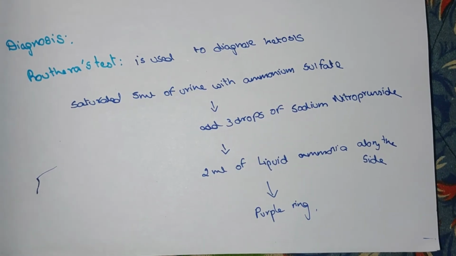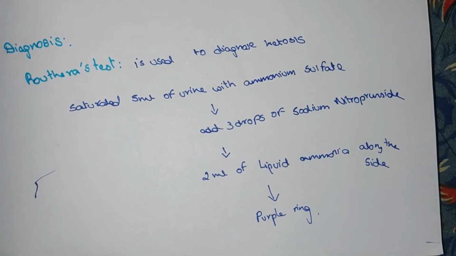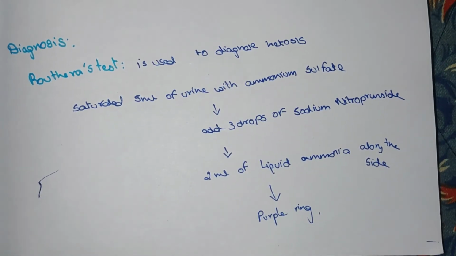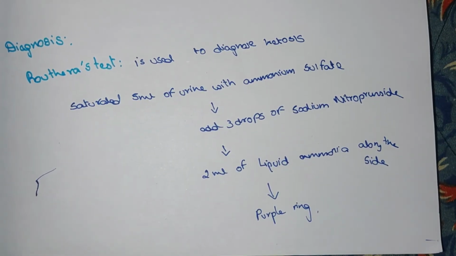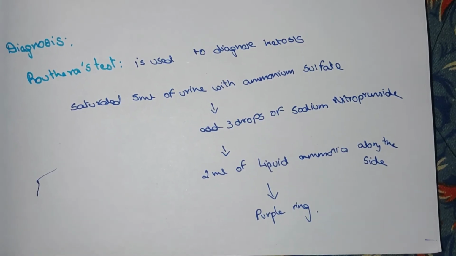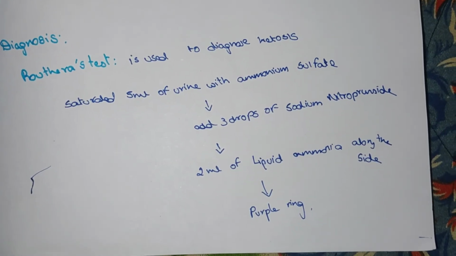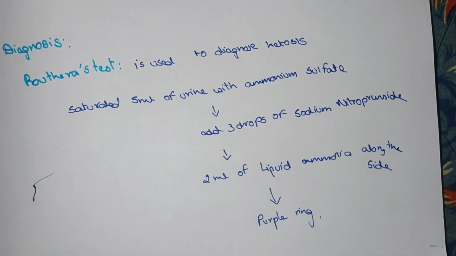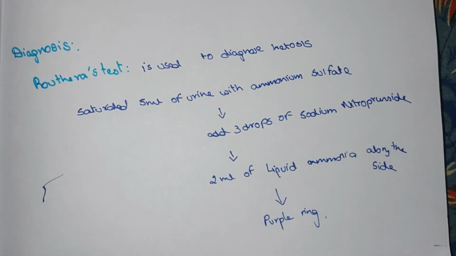A purple ring forms at the junction of the liquids, and this confirms that the person is Rothera's positive.